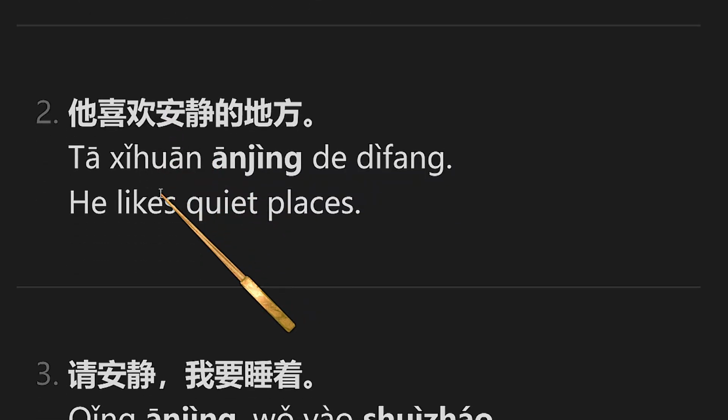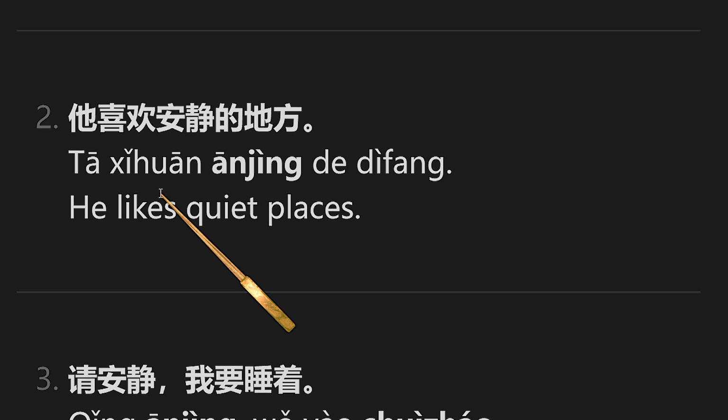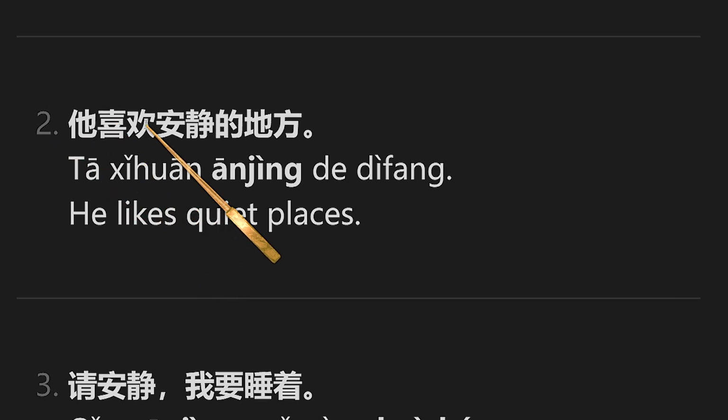Next one. He likes quiet places. 他喜欢安静的地方. 他喜欢, he likes. 地方, it's places, but not standard places. 安静的地方, so 安静的, it's quiet places.